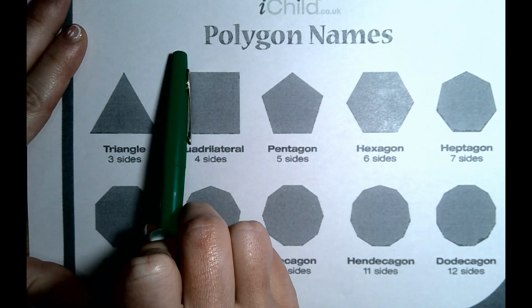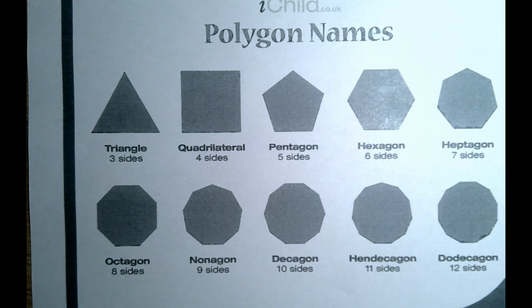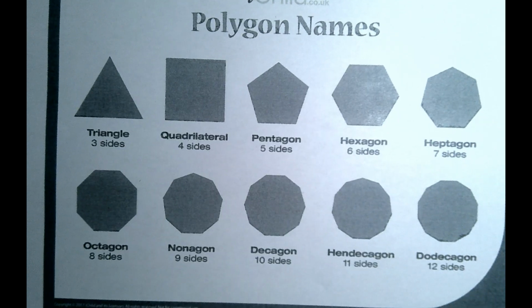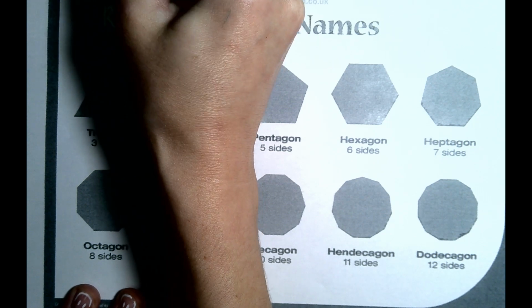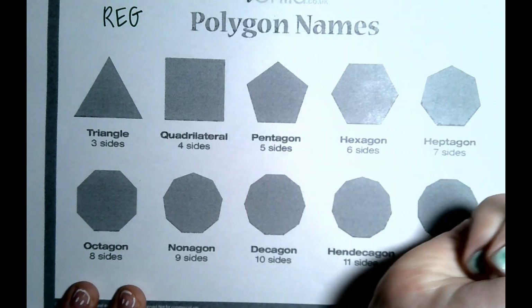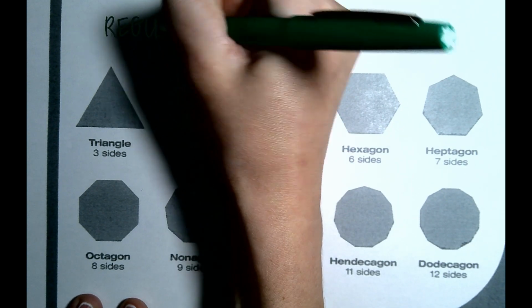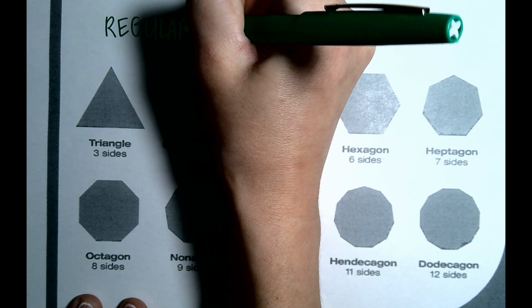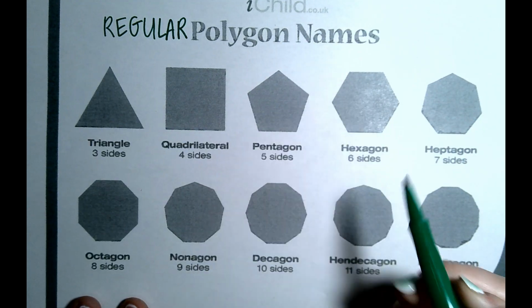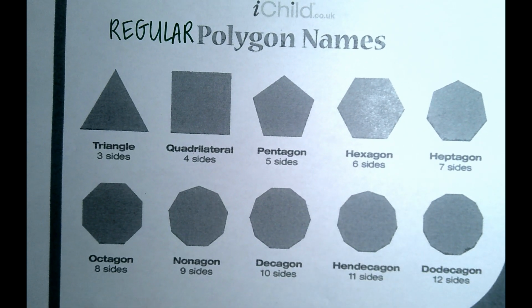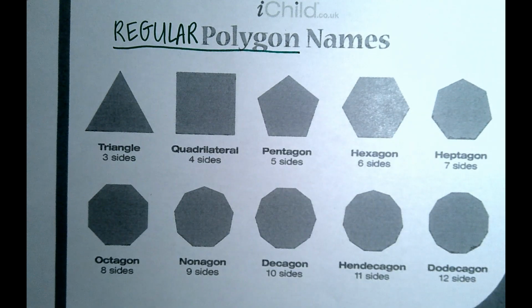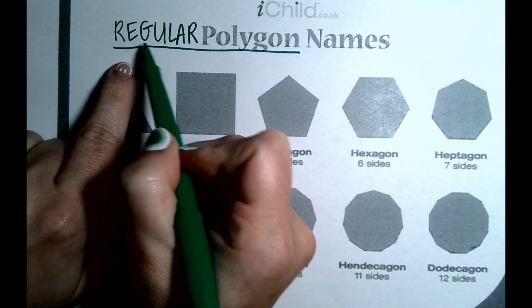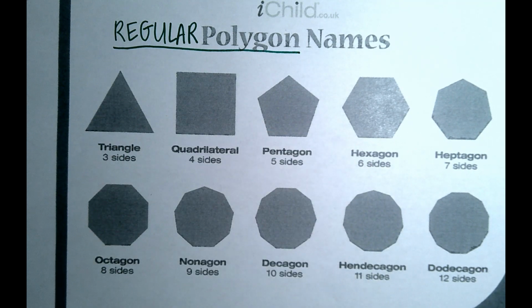So on polygons, we are going to learn specifically about something called a regular polygon. So there's a difference between a general polygon and a regular polygon.